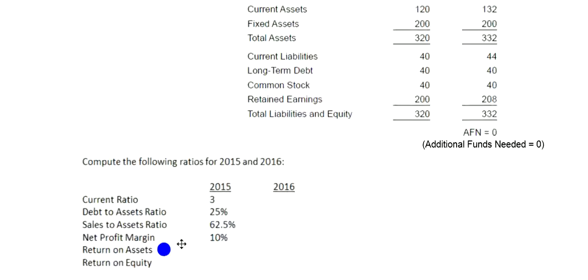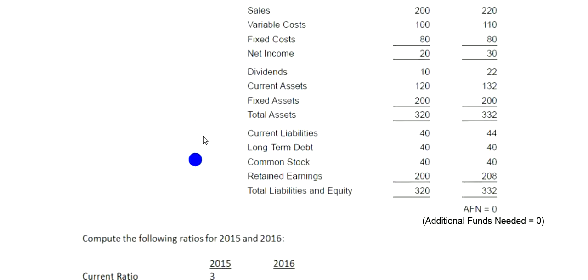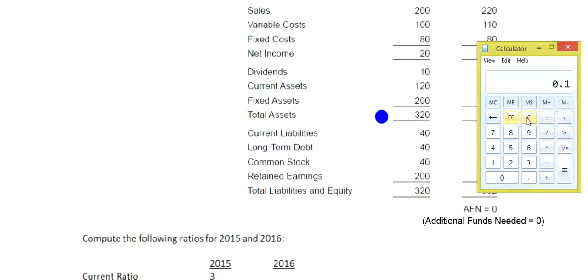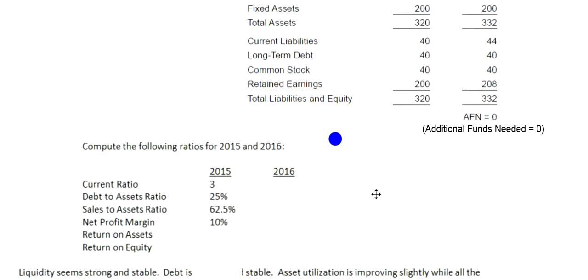Our net income is 20, and our total assets are 320. So we simply say 20 divided by 320, and that's going to give us 6.25%. Let's make sure we got that right, and I believe we did, 6.25%.